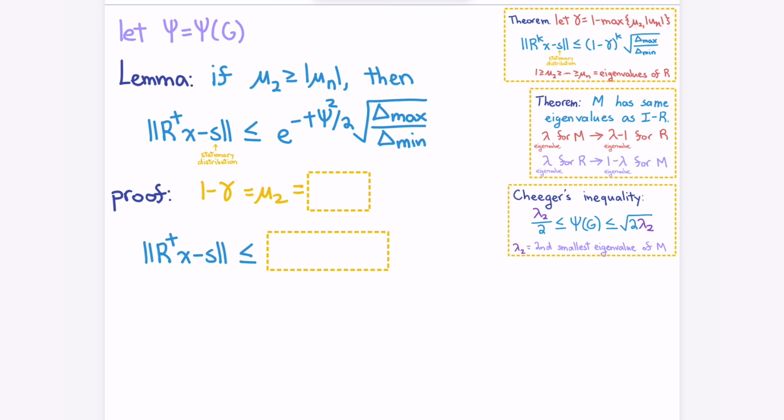And if we plug in our theorem, that'll become mu2. Now, you have mu2, but eventually you want to get to here. So what is mu2 equal to in terms of trying to get closer to conductance?